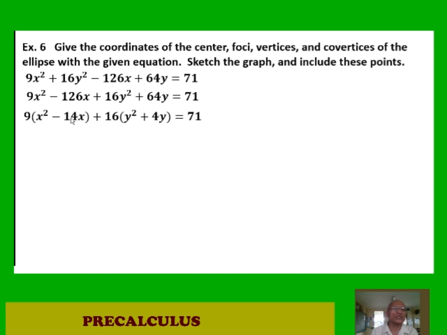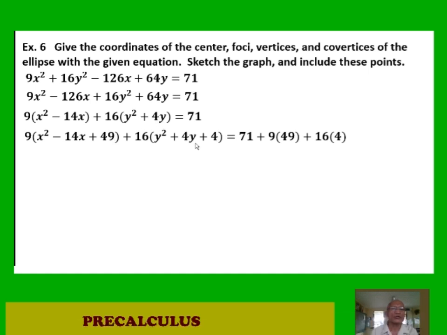So 14 divided by 2, 1/2 of 14 is 7, and 7 squared is 49. This one, 1/2 of 4 is 2, and 2 squared is 4. So we add to the right side 9 times 49 plus 16 times 4. Okay, simplify first. This becomes a perfect square binomial.